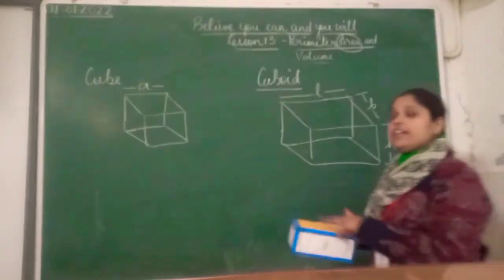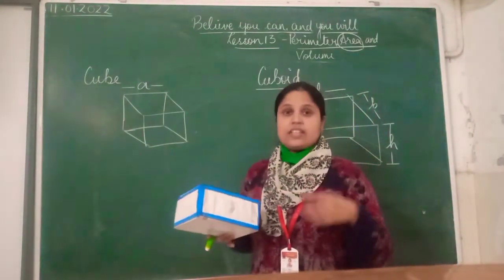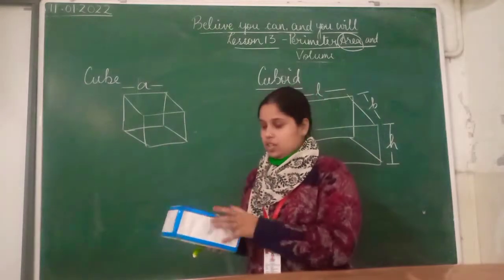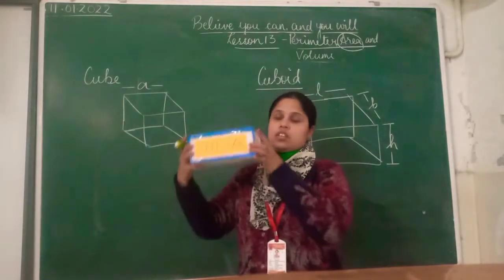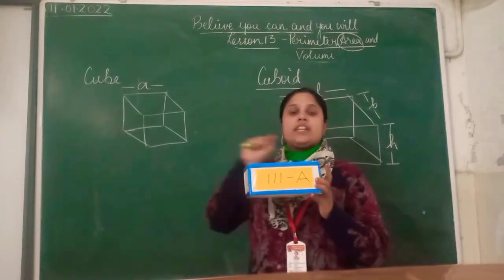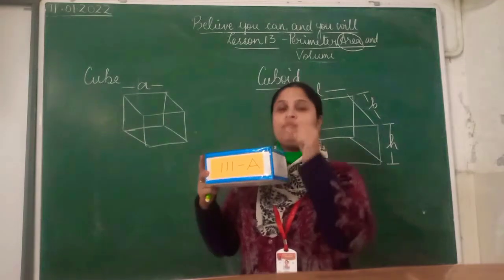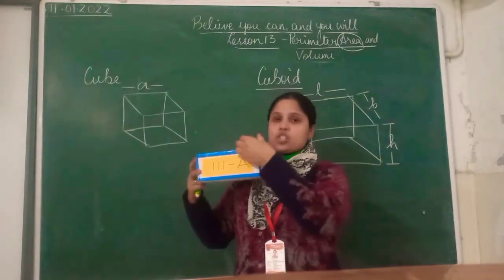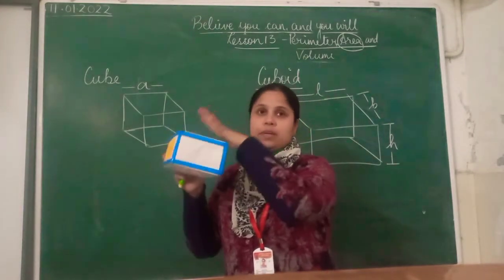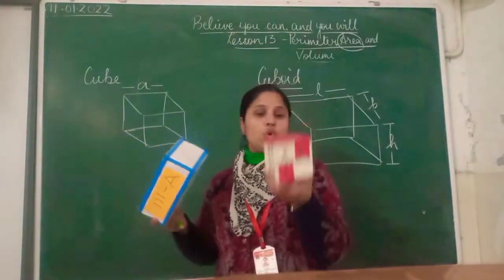So while finding out volume, what exactly volume is? It is the capacity. It can be termed as capacity. So here in this box, as we have talked in graph, a square we were taking as one unit. So suppose similarly cubes of one unit, small cubes. How many cubes can be filled in this cuboid or in this cube?